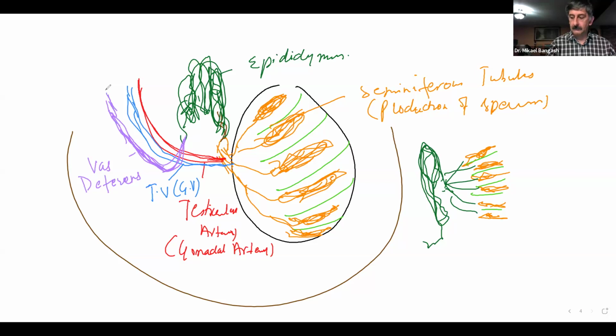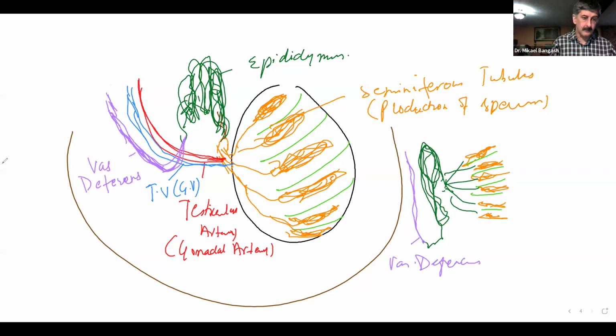Did you guys get that? So this epididymis ultimately goes from being a coiled structure to become more or less a straight tubular structure, which we call the vas deferens.